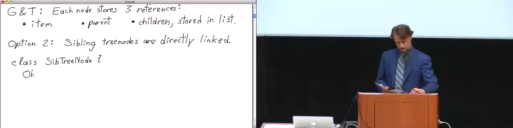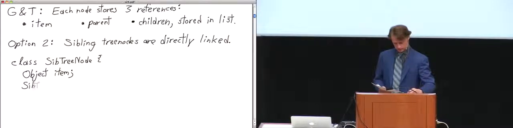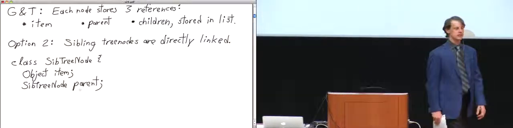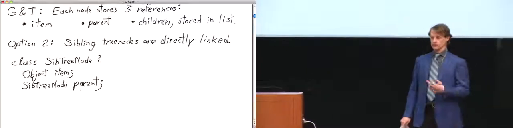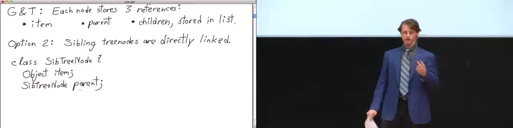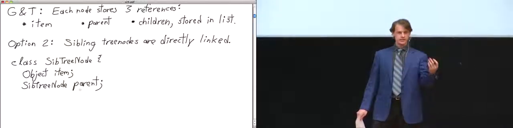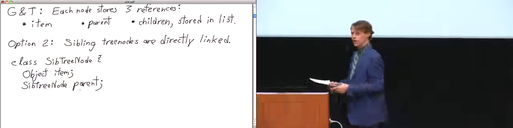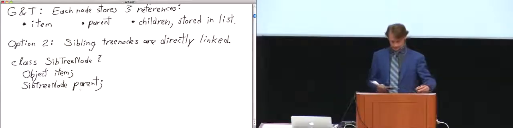Each node can store an item and its parent. And I'm going to have each sibtree node store 2 other pointers to other sibtree nodes. Those 2 pointers are what allow us to have a singly linked list implicitly included as part of the tree node's data structure.